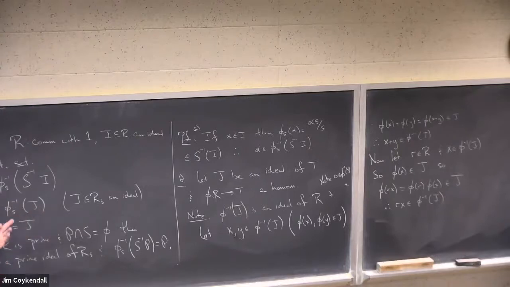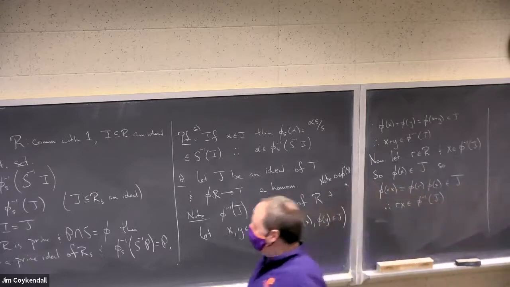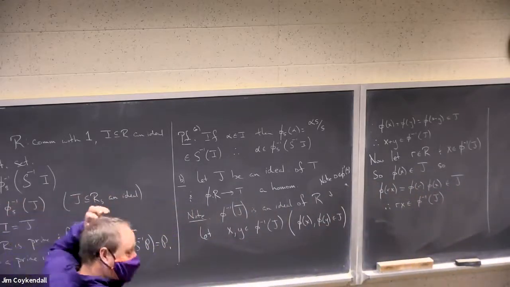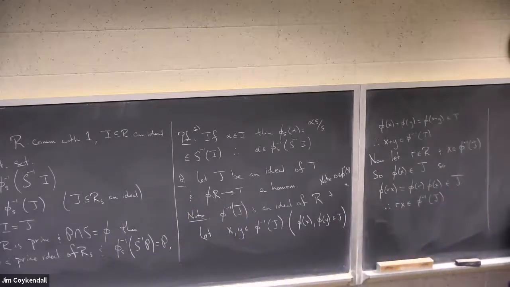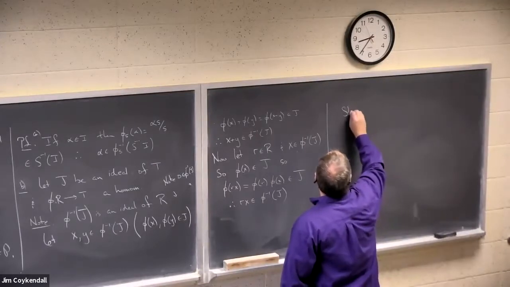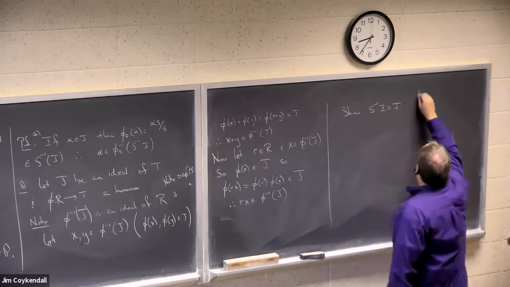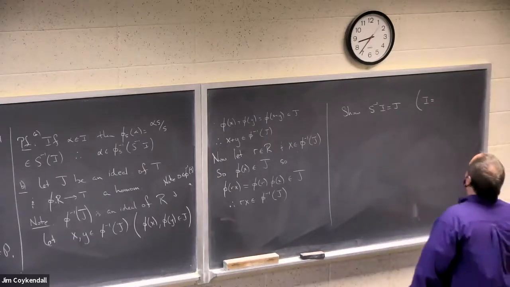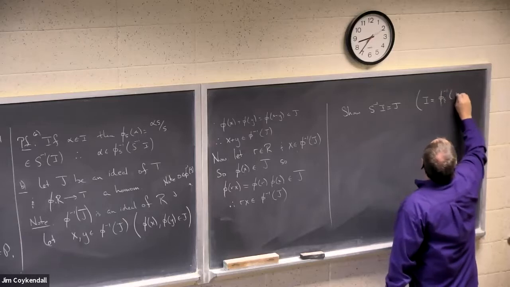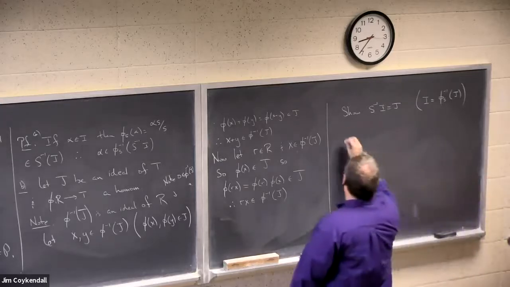So in particular it works here. All we have to do now is show that, under this situation, S inverse I equals J. And here we know that I is defined as the pre-image. Okay, so let's do a couple of things.